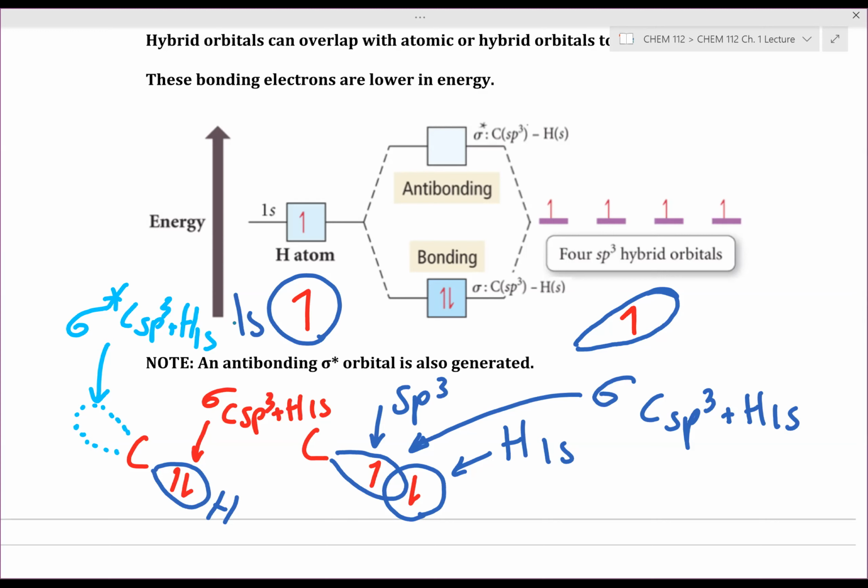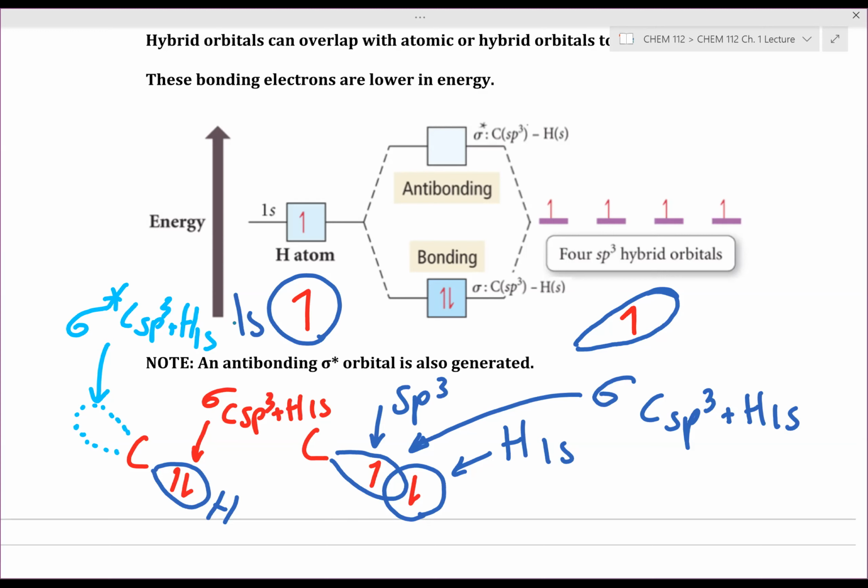Yes. Would there be another one behind the hydrogen? Or is it just the carbon? There would also be one behind the hydrogen, but in this case, this antibonding orbital is centered behind the carbon because the carbon is contributing the hybrid orbital.